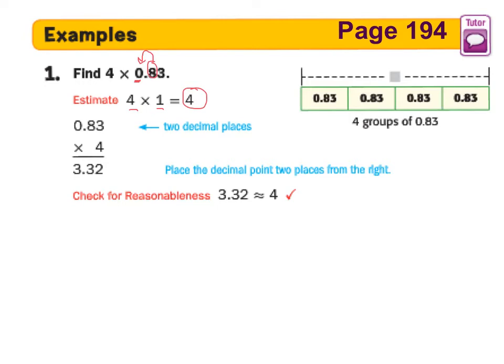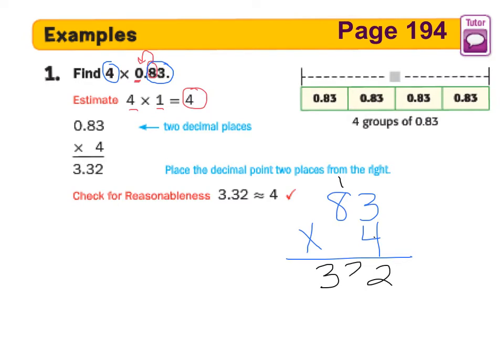But an easier way will be to simply ignore the decimal points and take out the whole numbers. Up here I see 83 and I see 4, so I'm going to multiply them. So 3 times 4 is 12. I carry the 1, and 4 times 8 is 32, plus 1 more is 33.